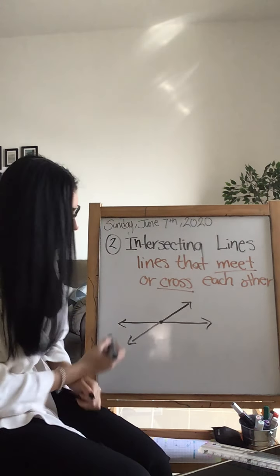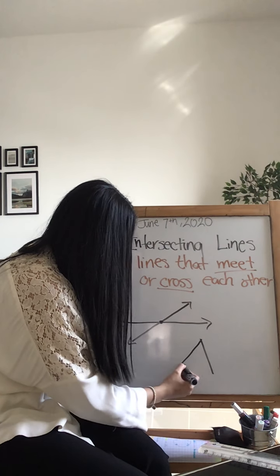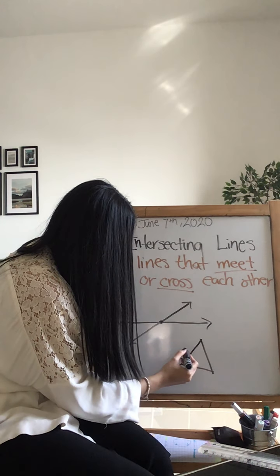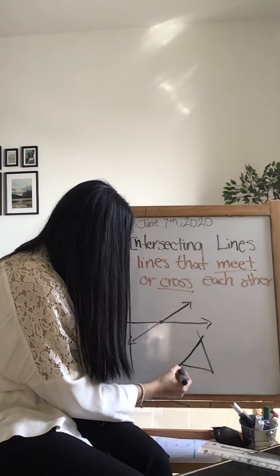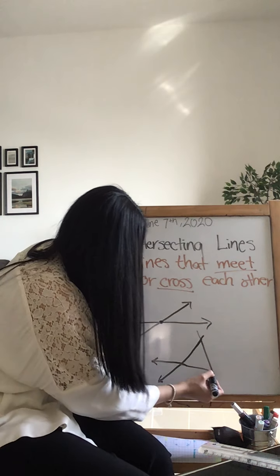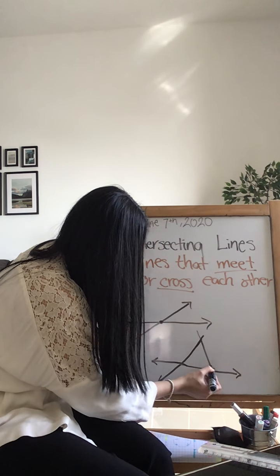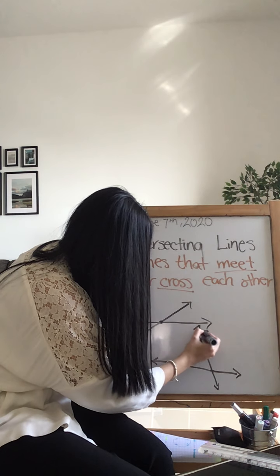That's an intersecting line. If I'm doing maybe like shapes, right? And I just continue drawing. Maybe I want to draw something like that. Those are intersecting lines because they crossed. Right? You see?